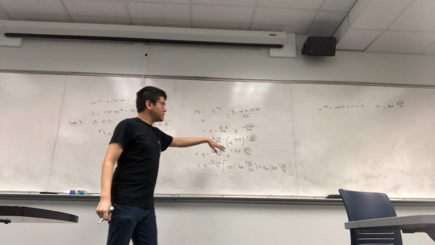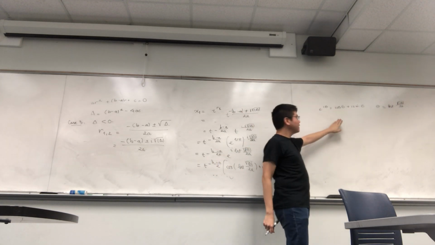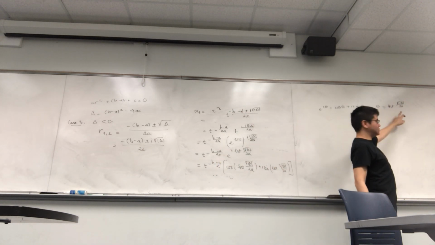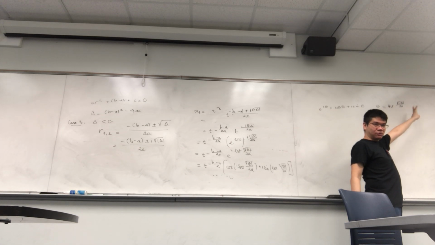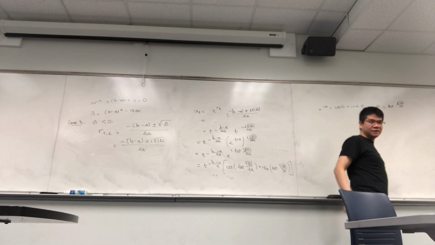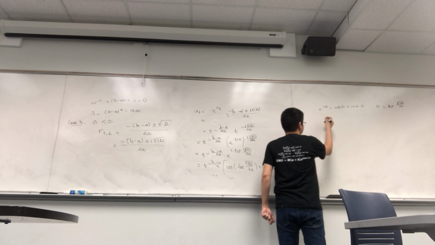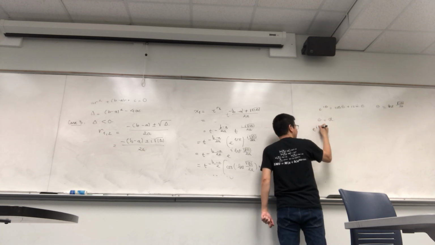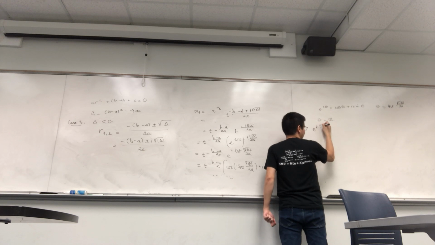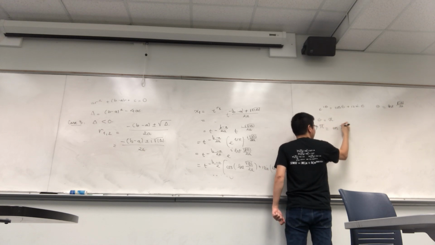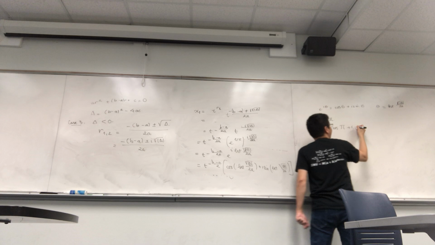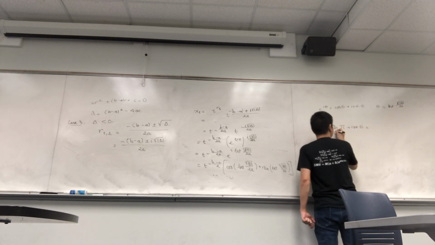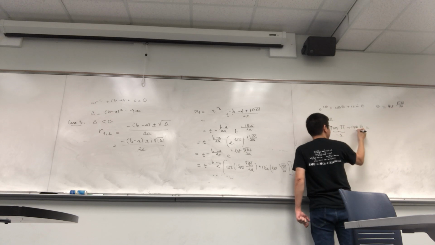The Euler formula says that e to the i theta is cosine of theta plus i sine of theta. In this case, we choose theta to be log t square root of delta over 2a. This is a very nice formula because when you choose theta to be pi, you have e to the i pi is cosine of pi, which is minus 1, plus i sine of pi, which is 0.